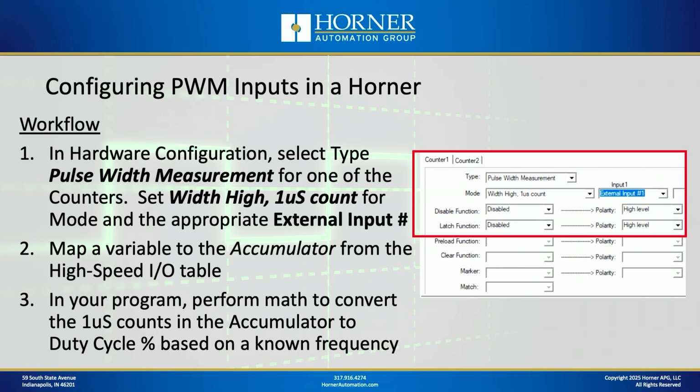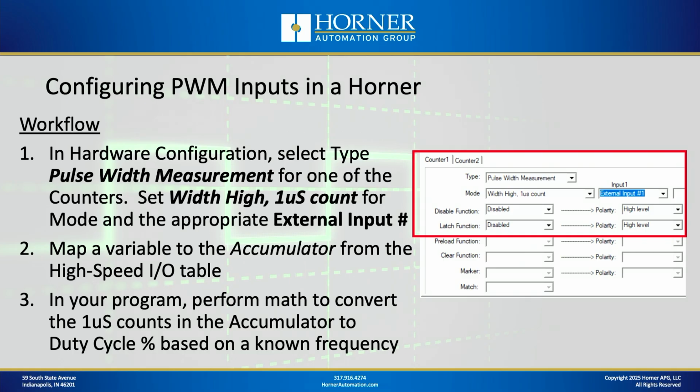So you'll have to set the mode to width high. And then you've got up to 4 different inputs that you can use for high-speed counting. So you'll just need to set the appropriate input, whether it's high-speed input 1, 2, 3, or 4. Once you've done that, very simple, you've just got one variable to map from the high-speed I/O table. That is basically the accumulator, because you're going to monitor that accumulator and it's going to tell you in 1 microsecond counts how wide that pulse is.